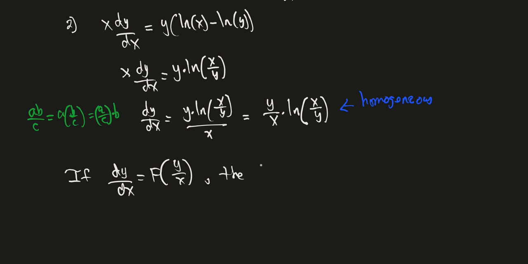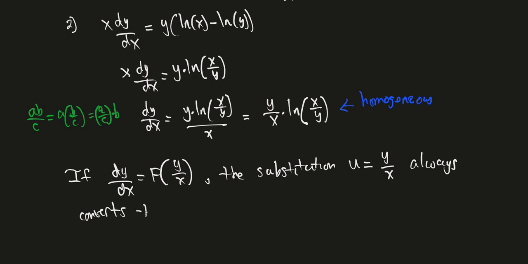So the substitution is u equals, you guessed it, y over x, right? If you just take that inner function, the y over x, and make that your u, this substitution always converts the homogeneous differential equation into a separable one, right?